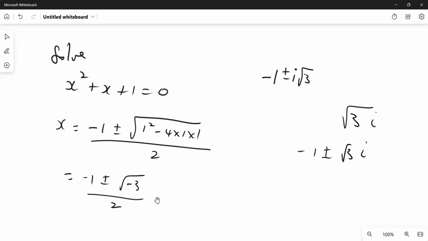Yeah. So you see, you can solve. Oh, wait, we left out something. There was a 2 underneath here. Yeah, there was a 2 under there, right? So this you'll break up as minus 1 over 2 plus or minus i root 3 over 2, right?